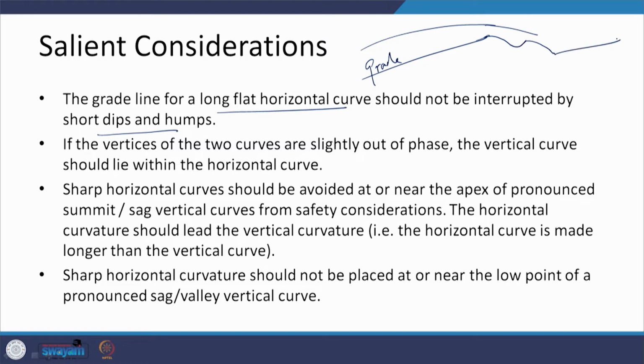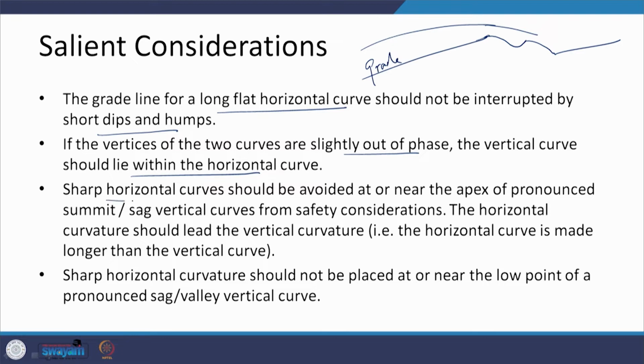If this type of thing is going to happen, then it is going to create a big problem. It is a problem in terms of perception, it is a problem in terms of understanding the thing and then behaving or responding to it or reacting to it. If the vertices of the two curves are slightly out of phase, the vertical curve should lie within the horizontal curve. So, that is another thing.